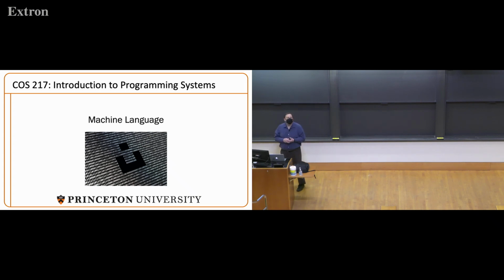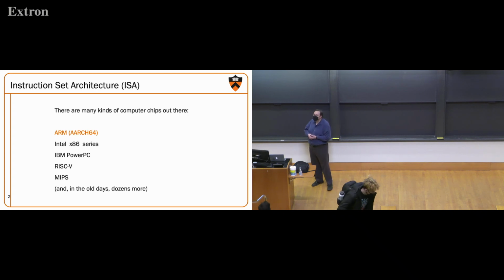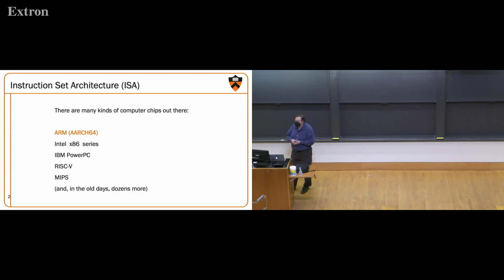So, meanwhile, machine language. What is a machine language? A machine language is the language that a machine, namely the CPU inside a computer, natively speaks.